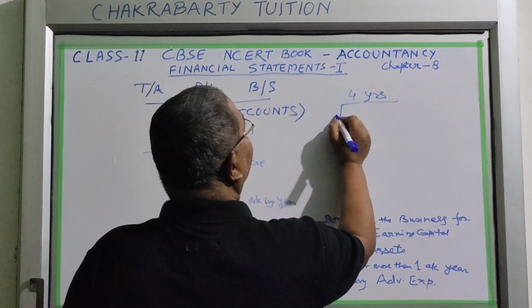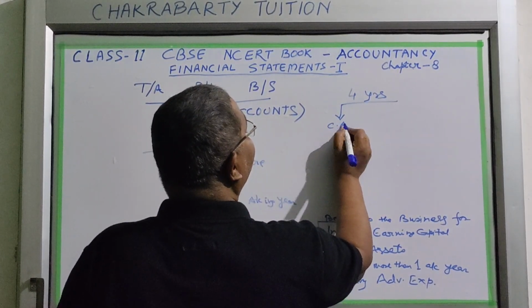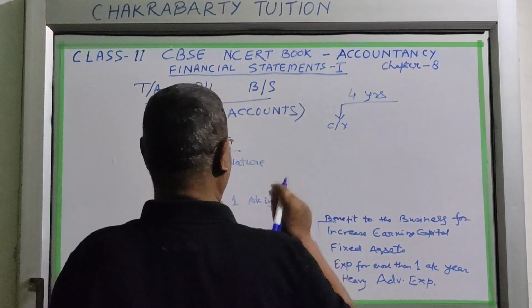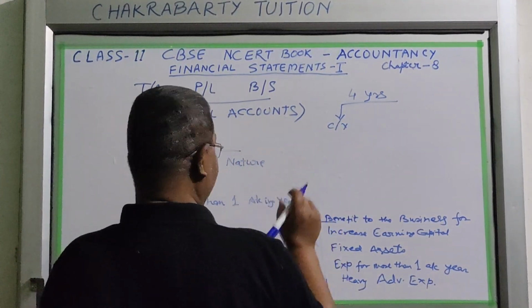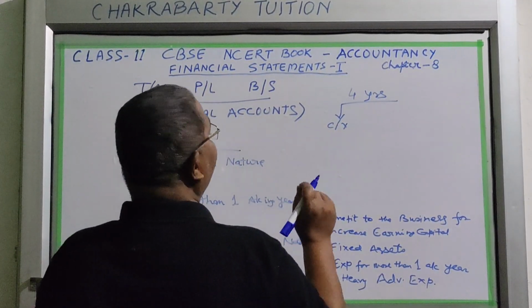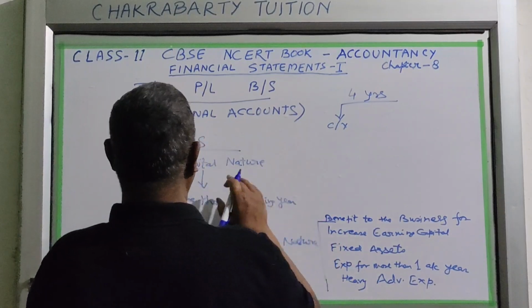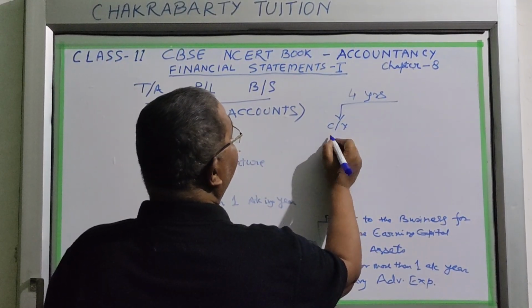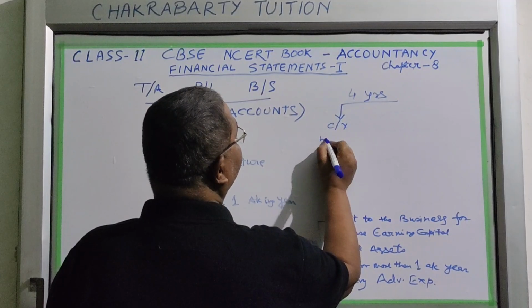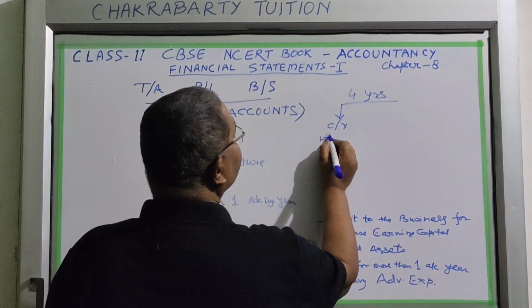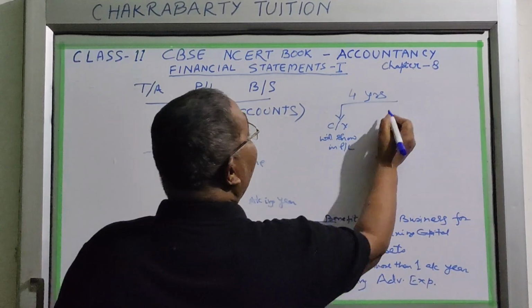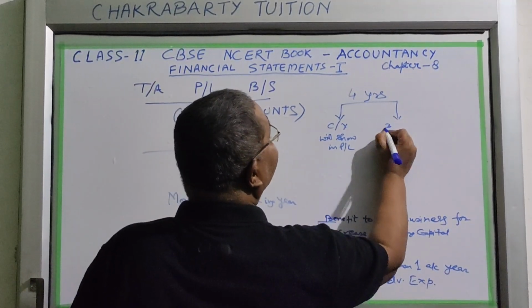So what we will do for the current year, within 1 year, that is for this accounting year, we will show in the PL account, and the rest for 3 years.